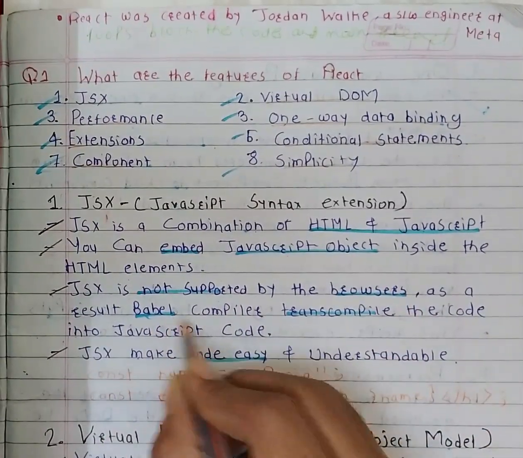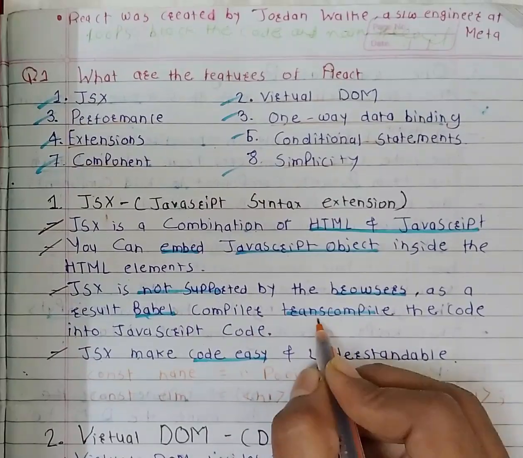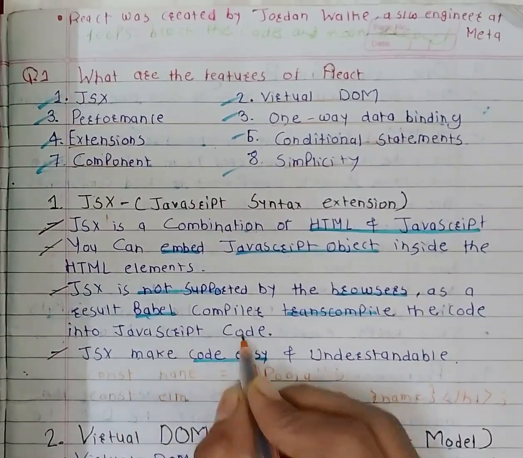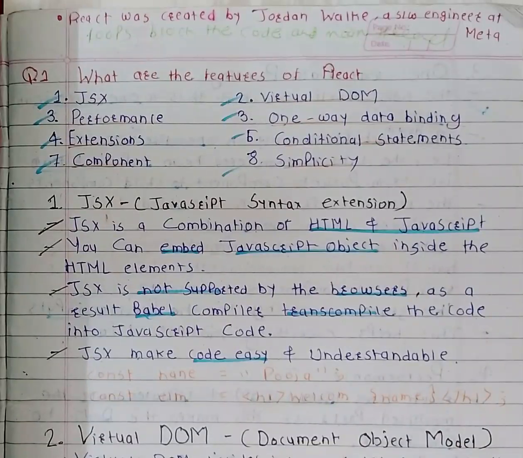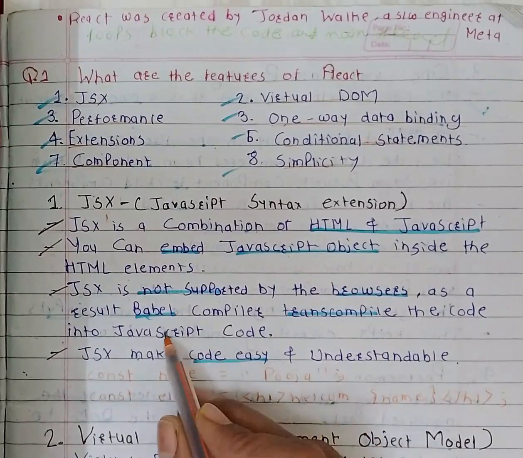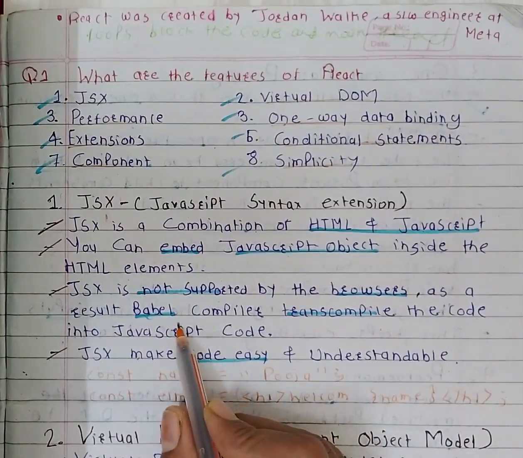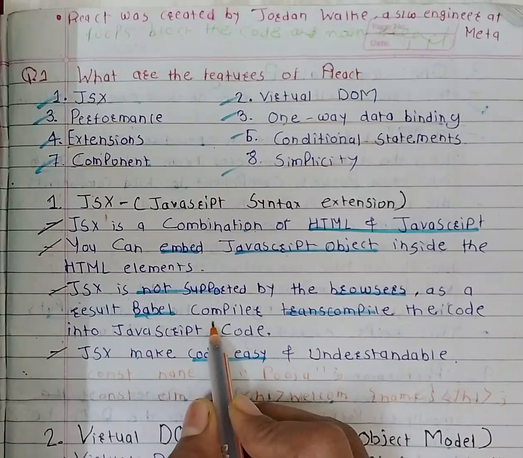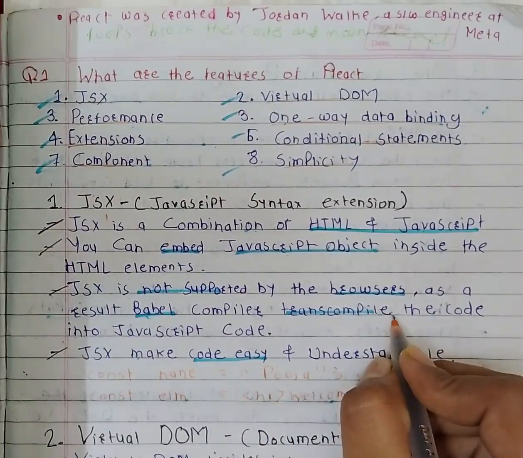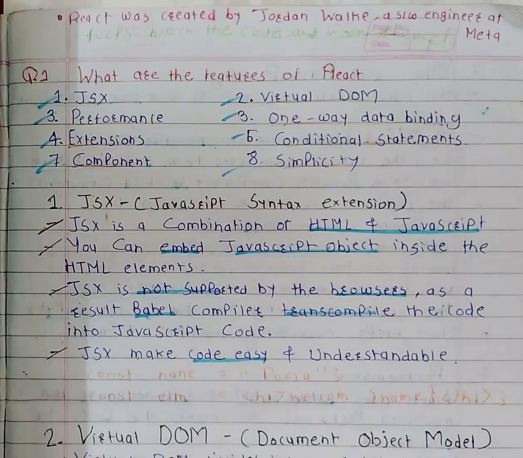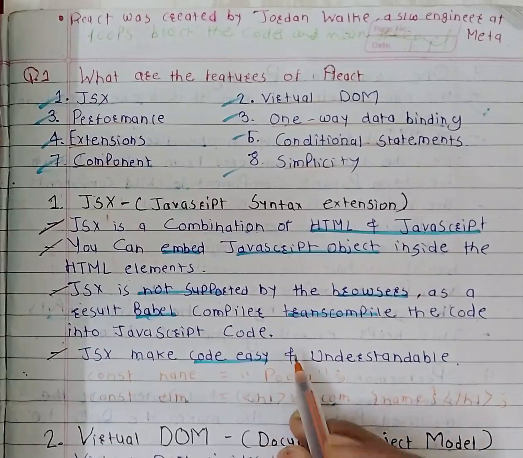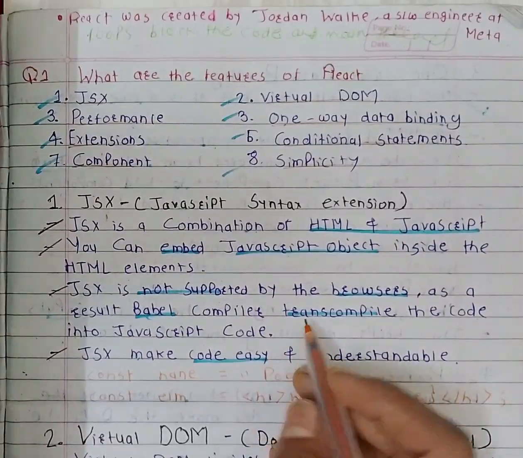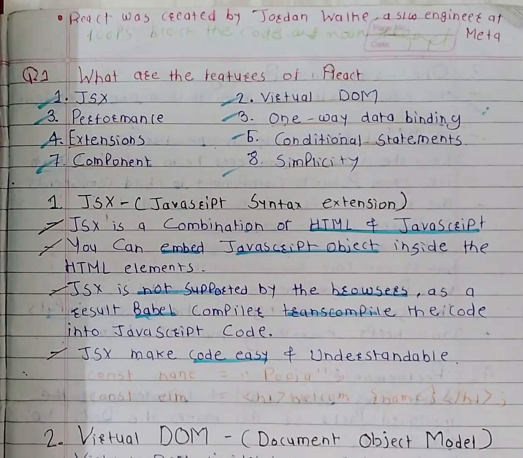As a result, the Babel compiler transcompiles the code into JavaScript code. For that purpose there is a compiler, the name is Babel, which transcompiles our JSX code into JavaScript, and then it is compiled by the browser, because we know that only the browser can compile programming language code.